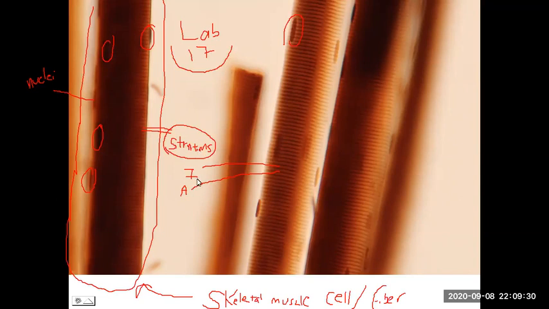And as described in lecture, the lighter stripes, the lighter bands, are I bands, the darker stripes, the A bands. And along the length of these cells, there are multiple nuclei. And here's a great example, just a single nucleus.